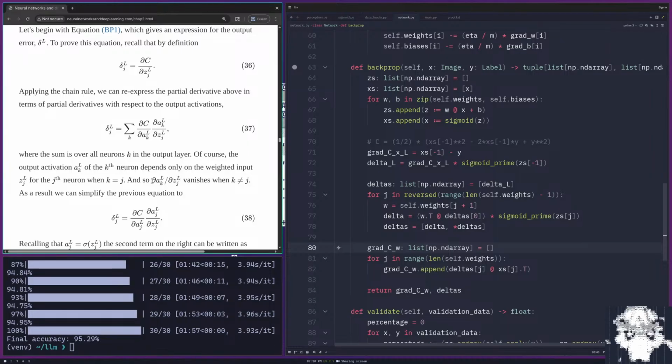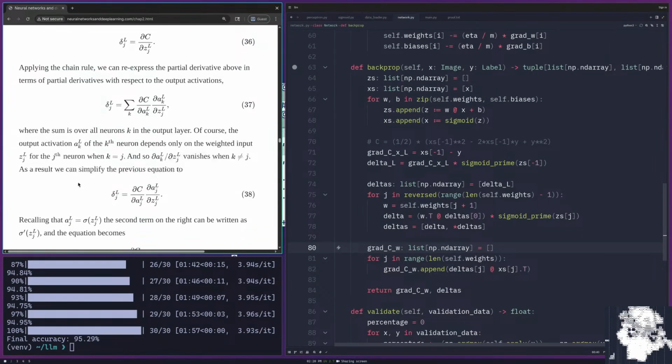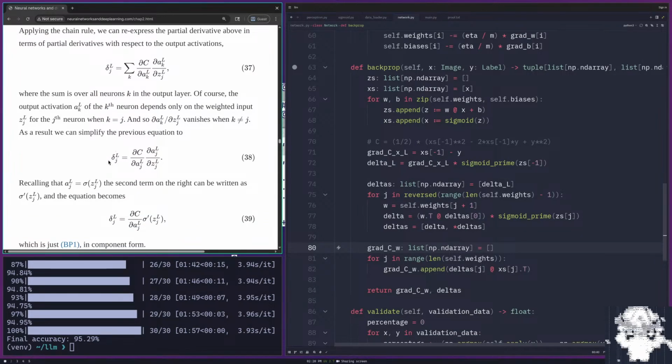And so, the derivative of a_k with respect to z_j vanishes when k is not equal to j. As a result, we can simplify the previous equation to delta L equals everything with the same subscript, j.